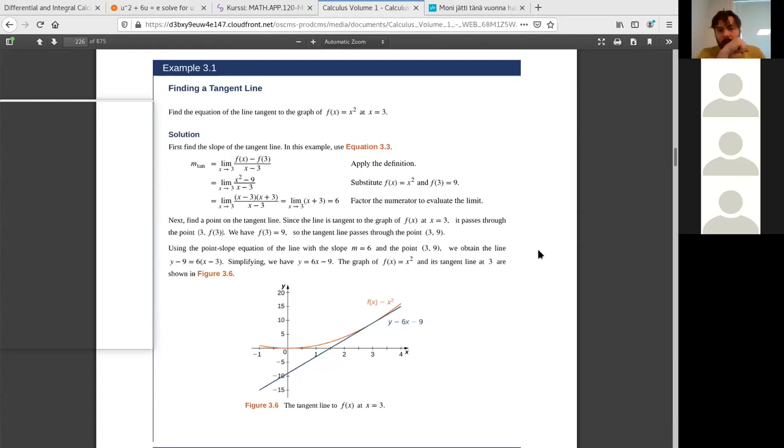So we can solve this. This is fairly easy. y minus 9 must be equal to 6 times x minus 3. We can simplify this as y equals 6x minus 9. That's the equation of the line.